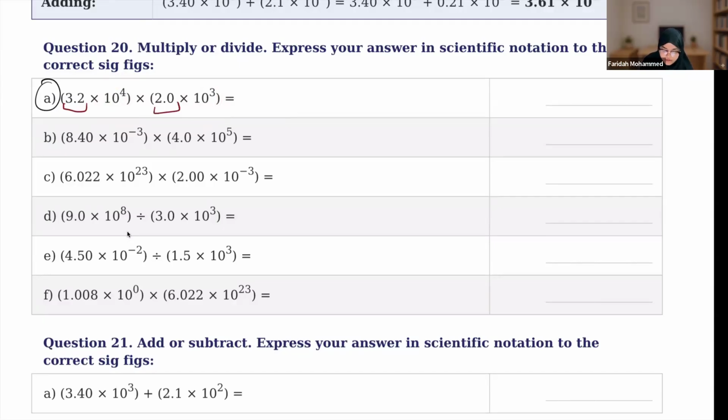So you're going to get what? 6.4. 2 significant figures both of them. So it will be 6.4. What about this? Because they are being multiplied, when you have the same base, 10 is the base, 10 to the power 4 times 10 to the power of 3. When you have the same base, what happens? The 4 and the 3 will get added when you multiply them.